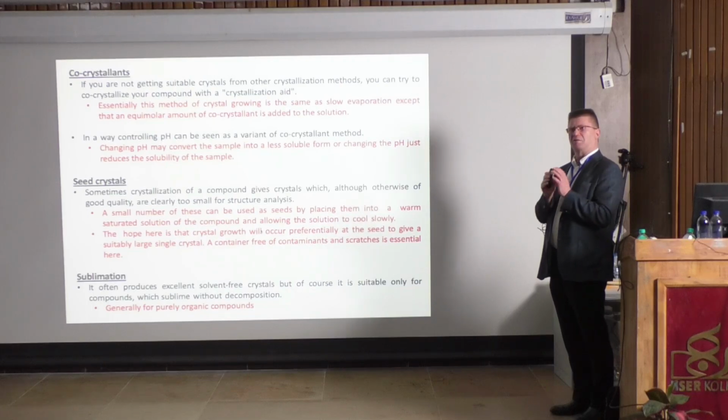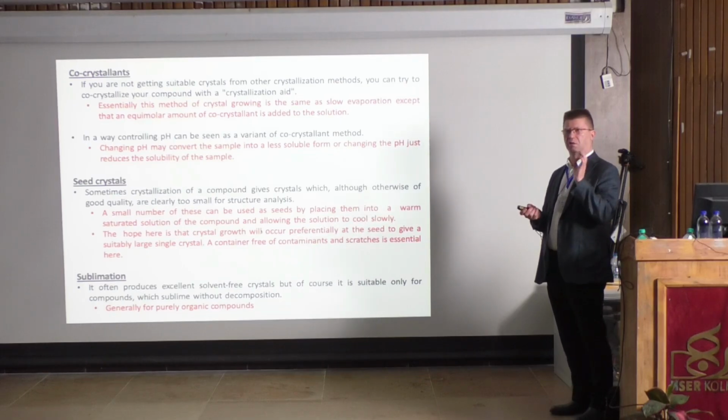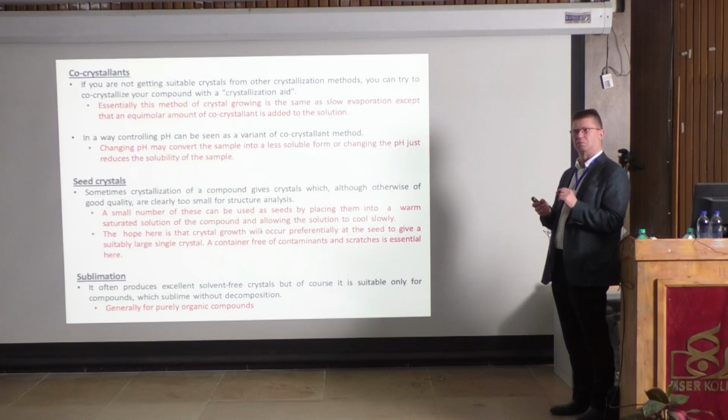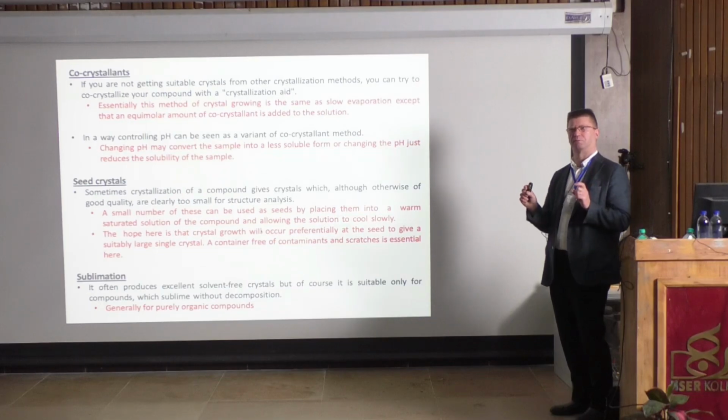But it might be that everything we have done doesn't work. We have done 50 experiments and it always fails. Either we don't get any crystals or we get powder or whatever. So then, depending on the system, we might try adding something, making it deliberately impure.